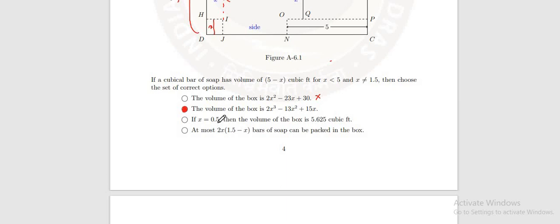So when you substitute the value of 0.5, this is not equal to 5.625. So this option is also incorrect.